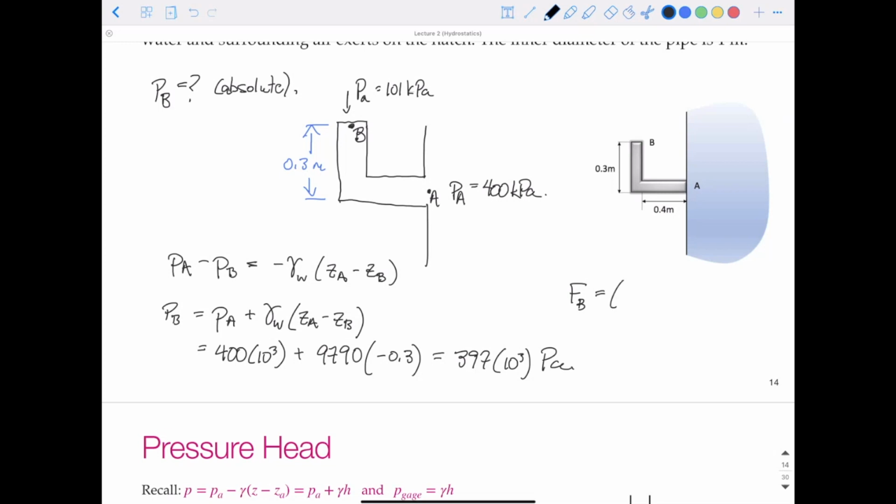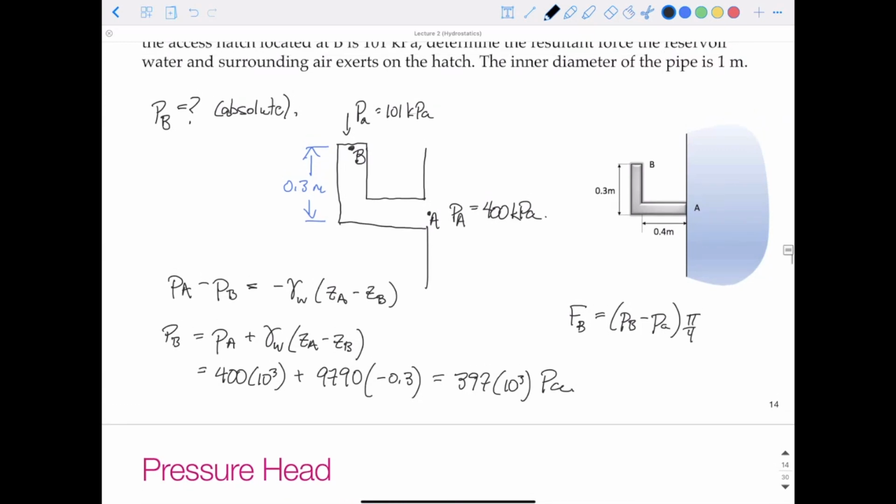So it would be pressure at B minus the atmospheric pressure times the area, pi over 4 times diameter squared. So we get 397 minus 101 times pi over 4 times 1 squared, which is just 1, times 10 to the 3 because we're dealing in pascals.